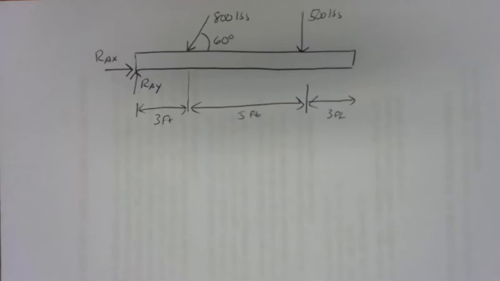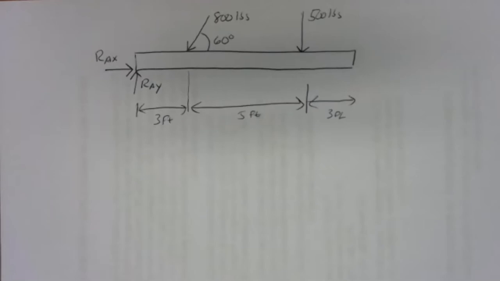And the key piece of information to know is that rollers apply a force perpendicular to whatever surface they're on. So if we've got a horizontal surface, the roller is going to apply a force perpendicular to that, so it would apply a vertical force. If we've got a tilted surface, then the reaction from that support is going to be perpendicular to that surface.